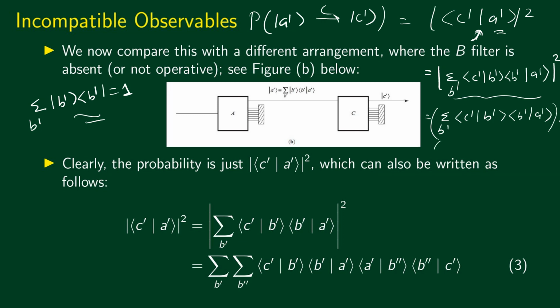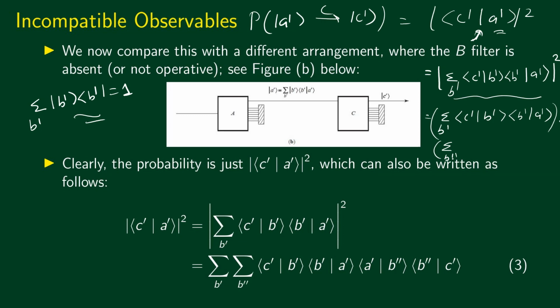In order to write the complex conjugate, since this is a summation of terms, I should use a different summation index. So I'll use sum over B double prime. If I use the same summation index, I'll be missing some terms. You can check this. If you want to square a sum of terms, you have to use two different dummy indices. That's why I'm using a different dummy index here, and then the complex conjugate of this thing.